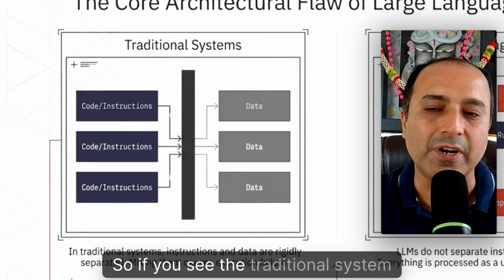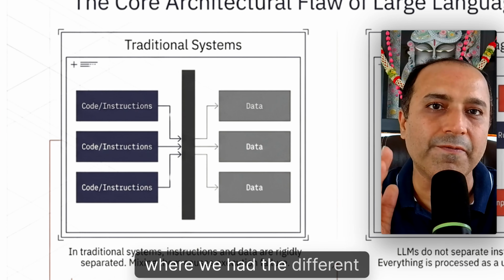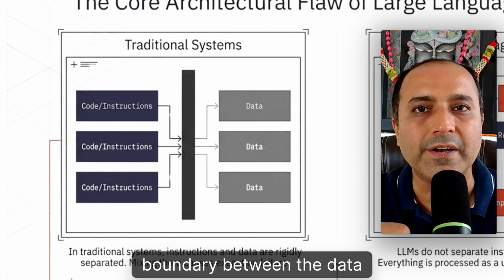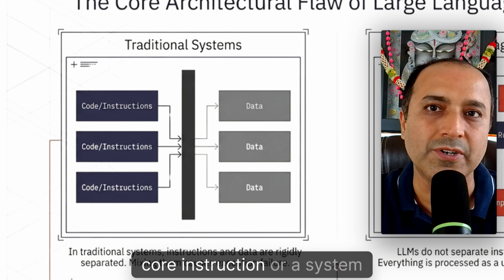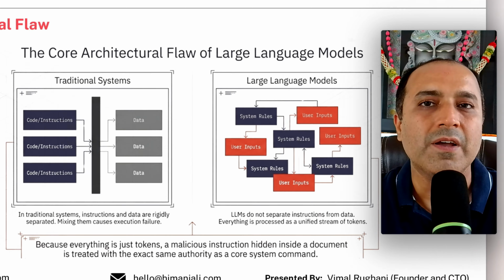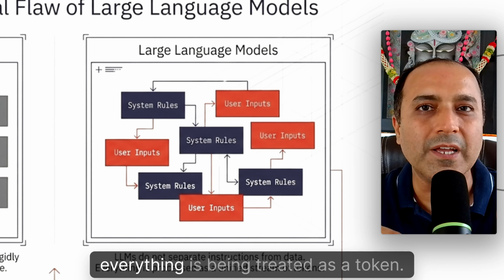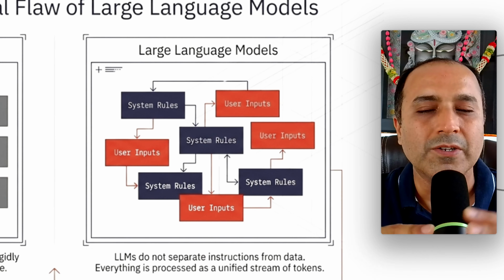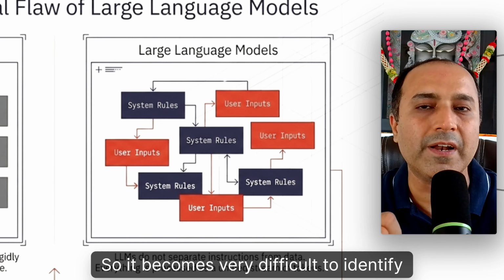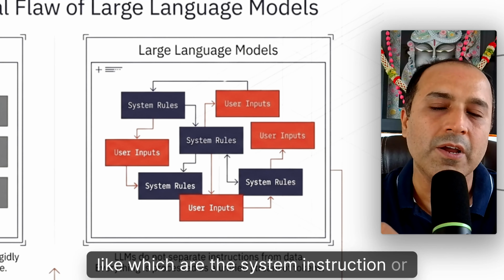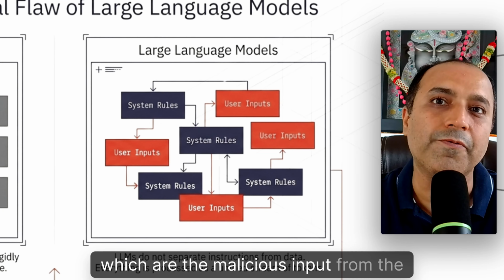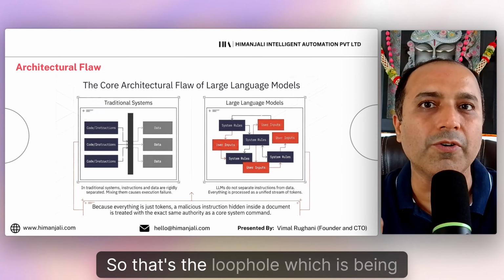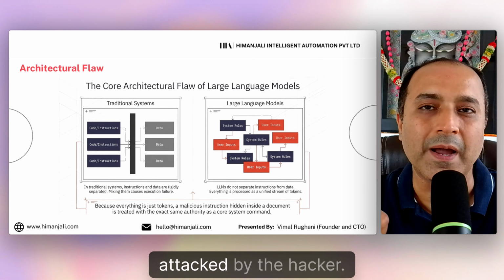In the traditional system, we had a boundary between the data and the core instruction or system instruction, while inside the LLM everything is treated as a token, so it becomes very difficult to identify which are the system instructions and which are the malicious input from the user. That's the loophole which is attacked by the hacker.